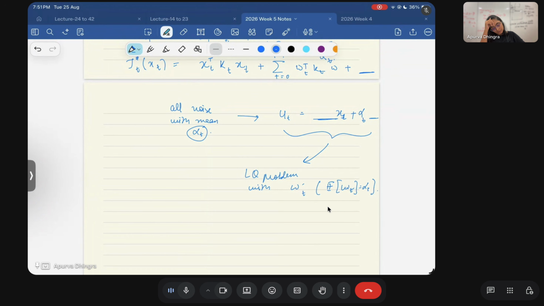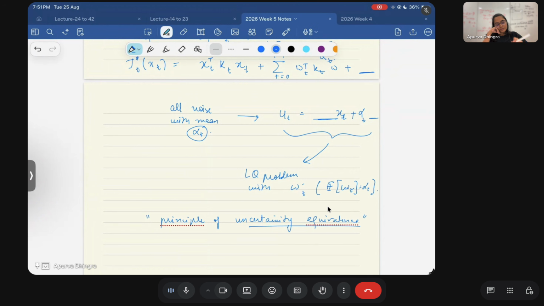Okay, and this is what is referred to as uncertainty equivalence. There is a way of putting different kinds of uncertainty in one class.